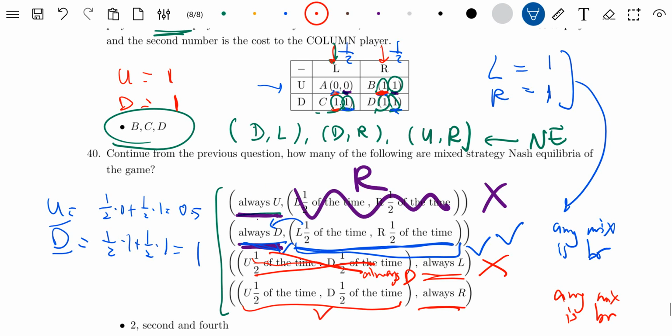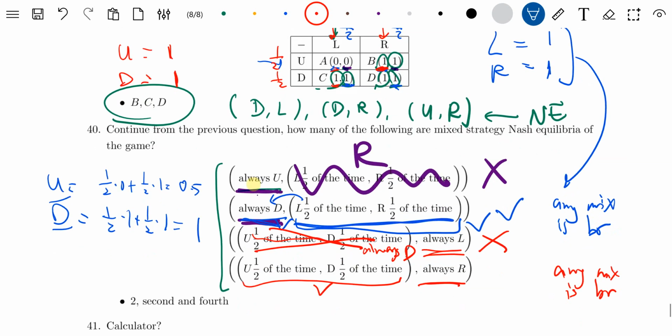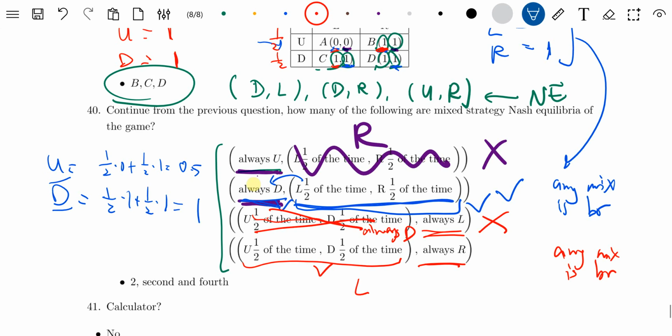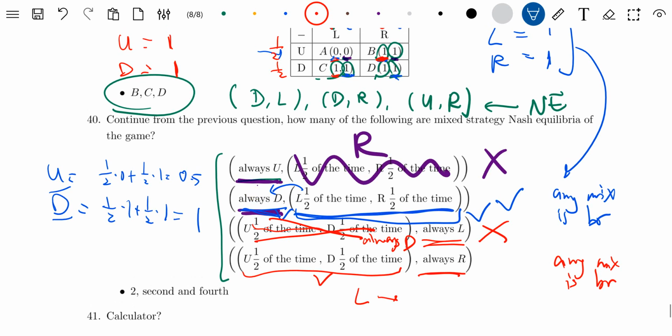Let's check the other way. Half of the time I'm going to choose U, another half of the time I choose D. So I need to compare L and R. For the column player, if I pick L, I'll get 0 half of the time and 1 half of the time.